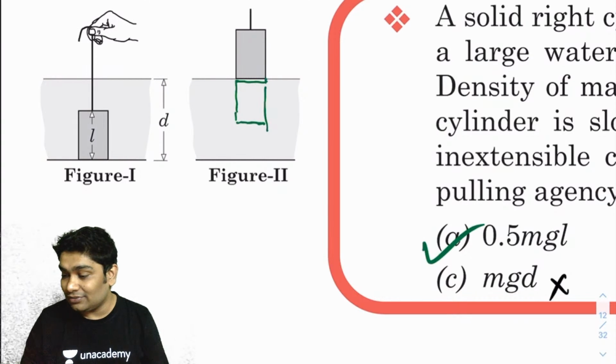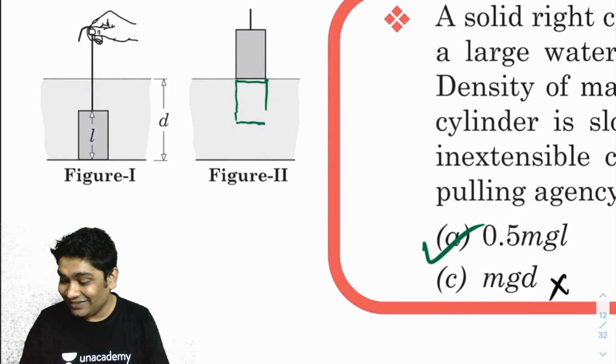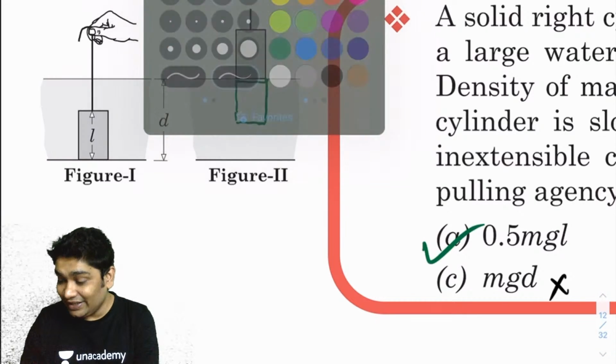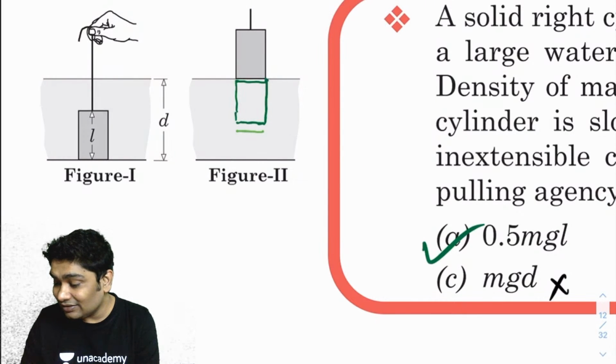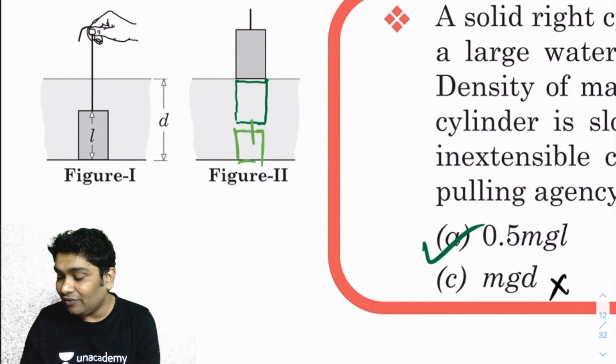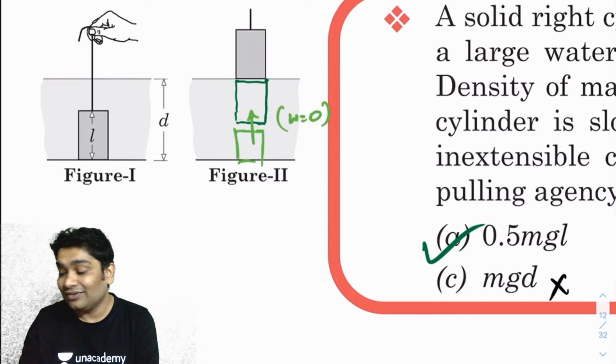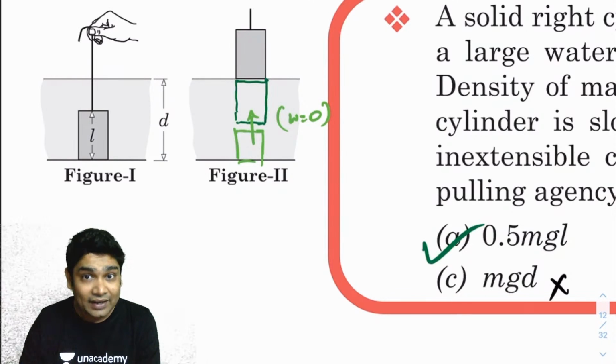But how do you do that? So in bringing this from here to here, imagine initially it was here. In getting it from here to here, work done is 0. Why?